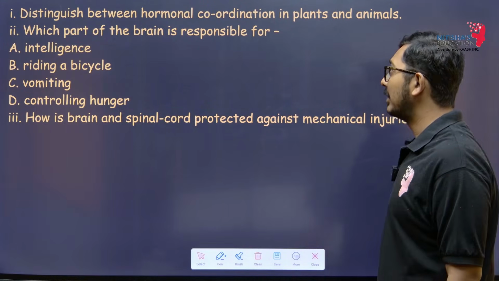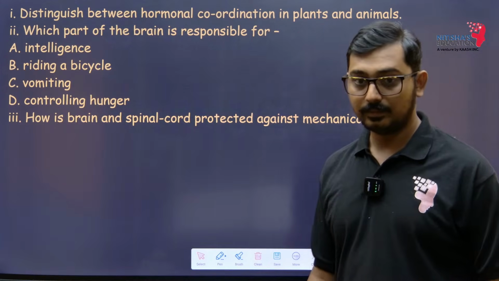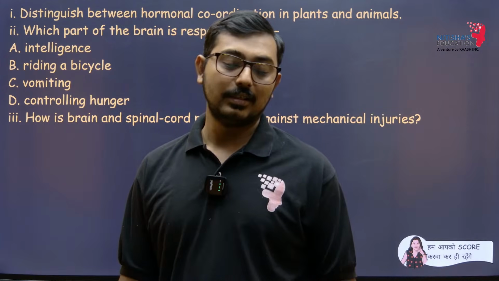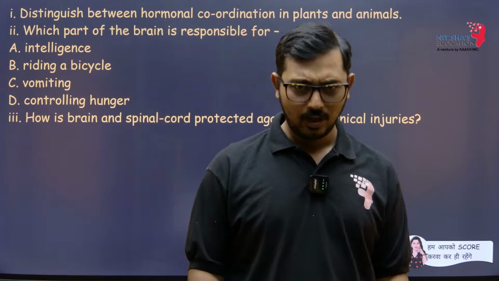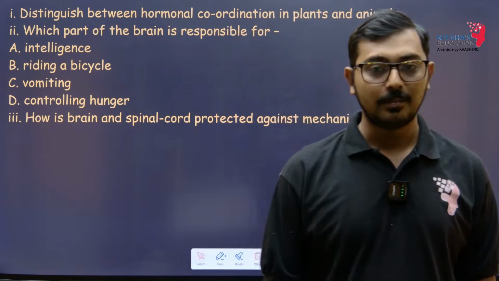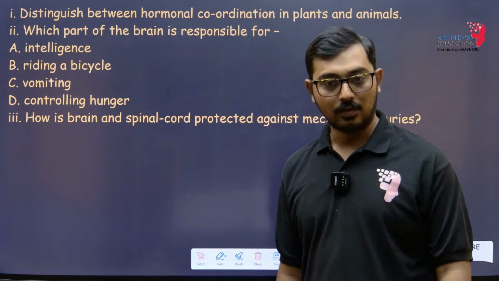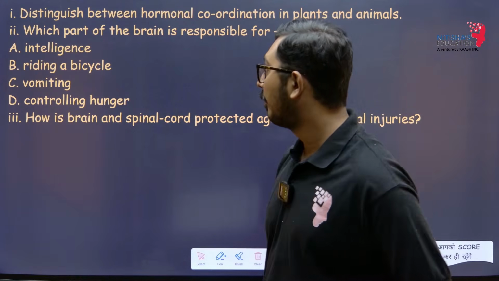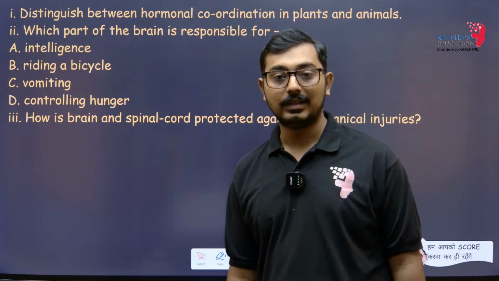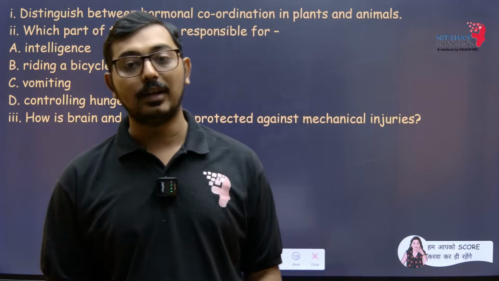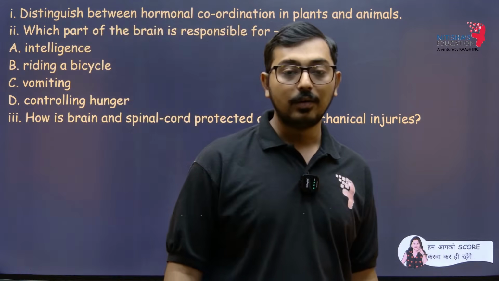Which part of the brain is responsible for intelligence? Cerebrum, or the forebrain, but mainly you should write cerebrum. Cerebrum would be the appropriate answer. Then riding a bicycle: cerebellum, where the nerve cells are controlled with its help.